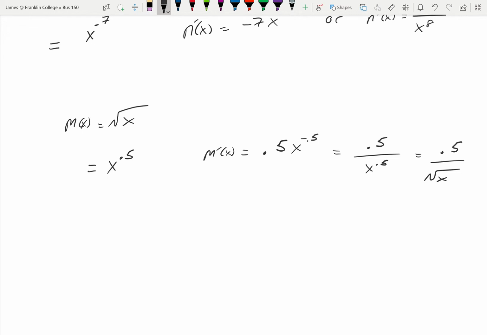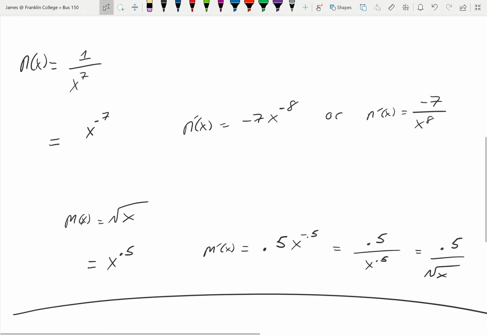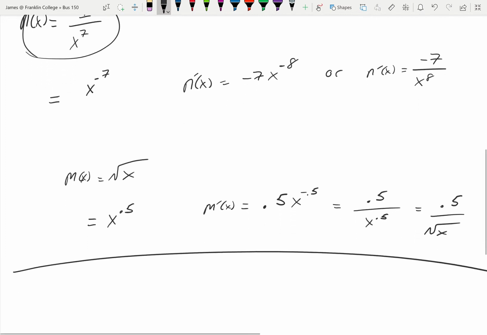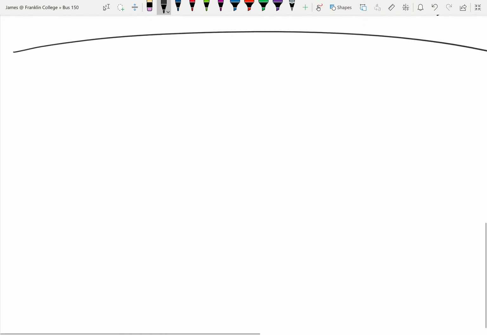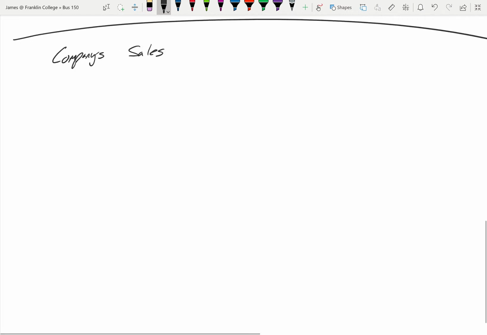Alright, so a lot of what we're going to be doing is figuring out how we can rewrite our original statement into something that we can easily take the derivative of. So let's think about an example about a company's sales, and how we might use the first derivative to discuss a company's sales.